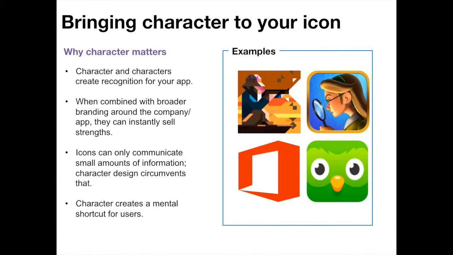You might have to learn about it, you might have to go in and work it out, but once you do, that owl is a constant companion to your experience, and because he's that constant companion, when you see him on the home screen, it's going to help you reinforce that idea that this is Duolingo, and it helps to reinforce the brand, and when he comes back, it's a really important way of basically drawing you back into the app. So character is this great way of creating these mental shortcuts that will help people click, or in this case, tap, of course.